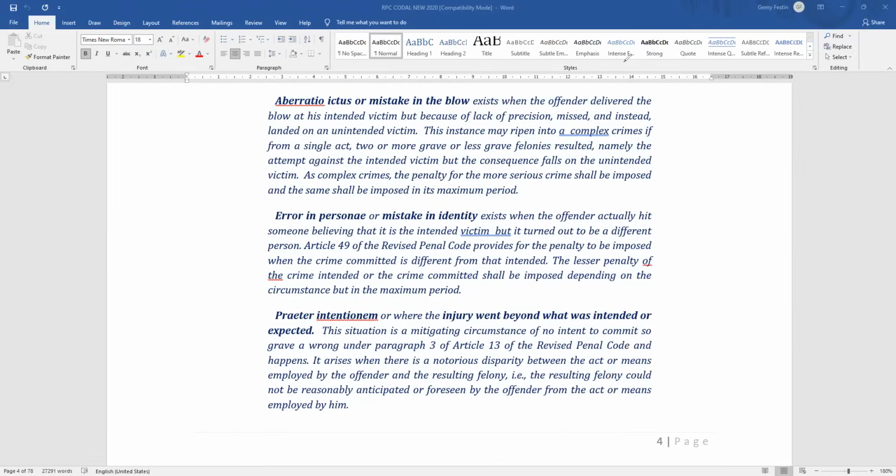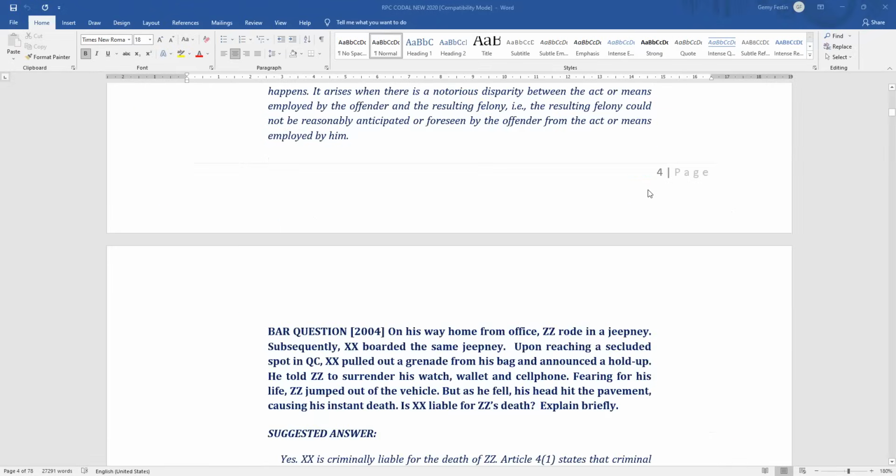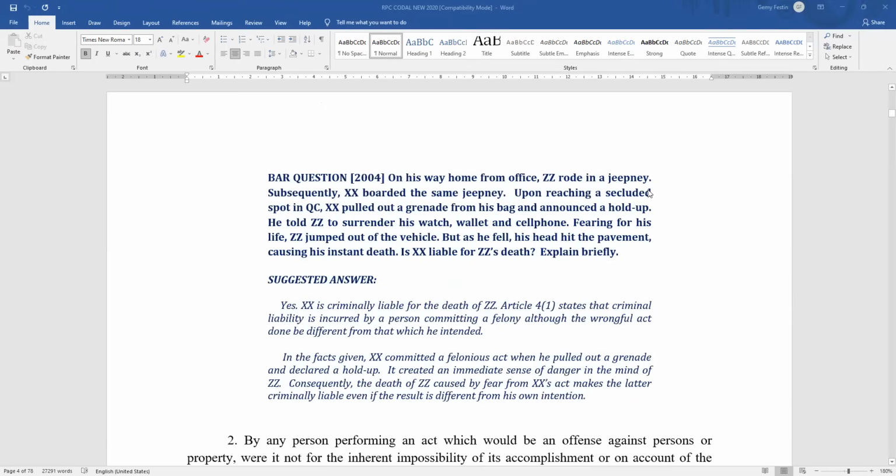We will go to the last topic, which is impossible crime. But before that, tingnan nyo yung ano. That's why I want you to have a copy of my book. It's because of this. So, alam niyo yung favorite topic yan, and at least you would know how to be familiar when this was asked. Ang sabi ko sa inyo, you follow the form of RELAC.